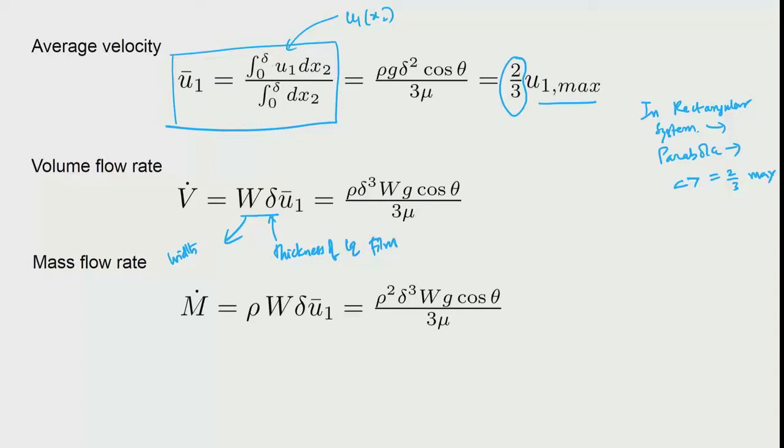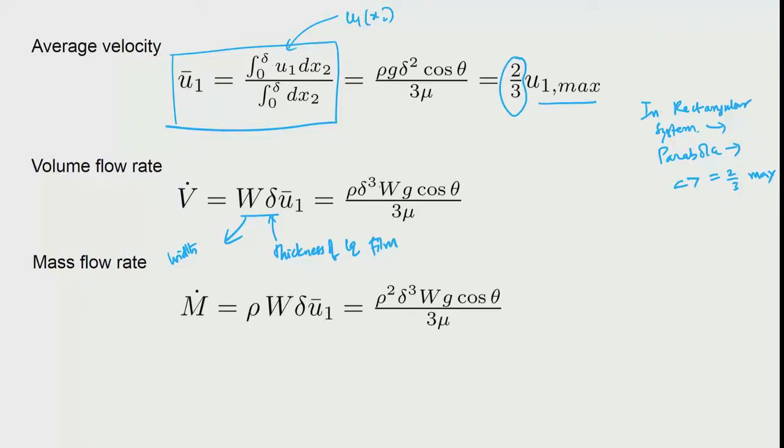Through that area you have the velocity, and therefore the volumetric flow rate is given by this expression, in which you can see that delta comes as a cube. Here it is square, and here it is cube, which means that when we substitute the values, we must be very careful, because often the thickness of the liquid layer is in millimeters, which is cubed here.